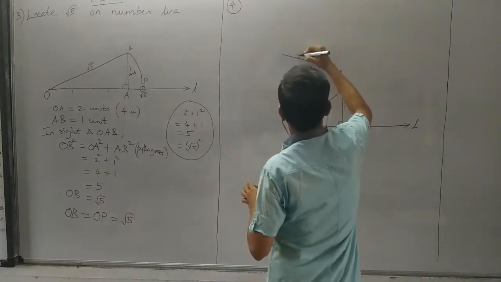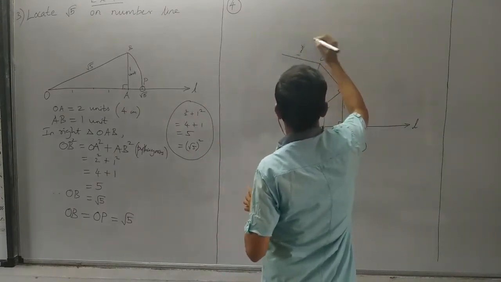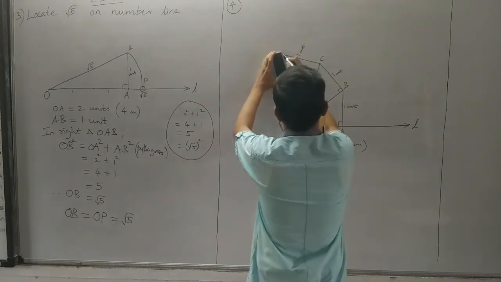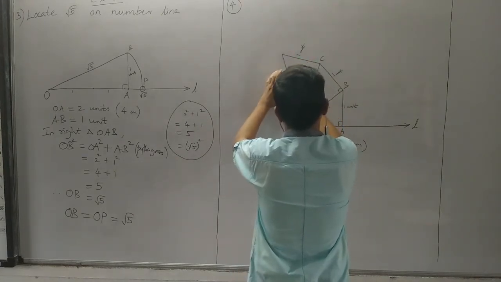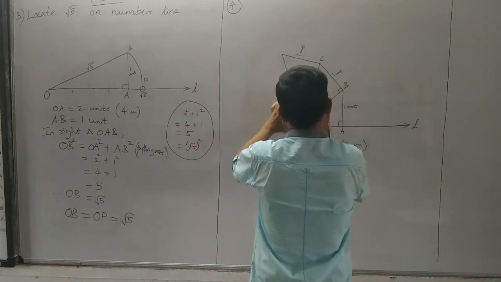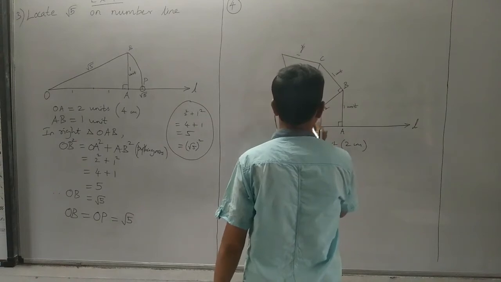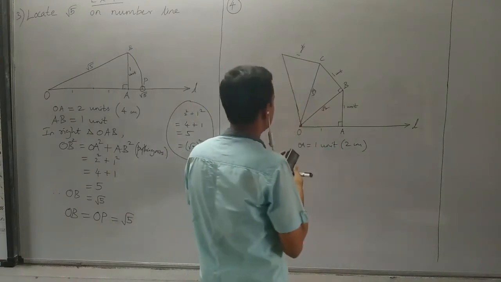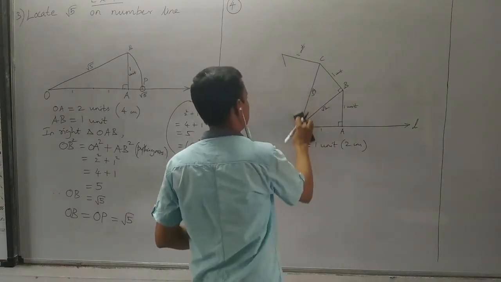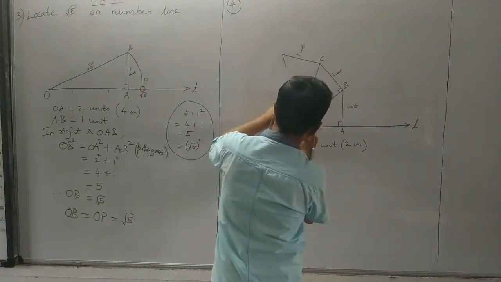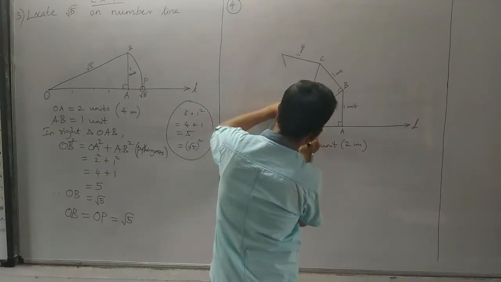Okay? So this is also how much? 1 unit distance. And you join this. Okay? So this you have to join. Okay, it's not clear. The measurement I am doing now is rough.